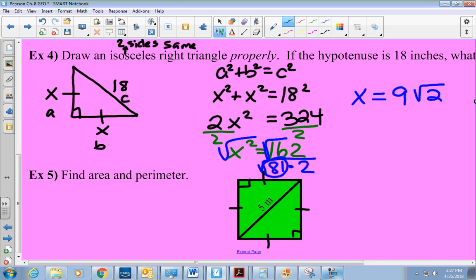We need to find the side lengths so that we can find the area. So we're going to walk through this same process again. I'm just going to focus on the same problem as example 4. We're going to square both of the sides.